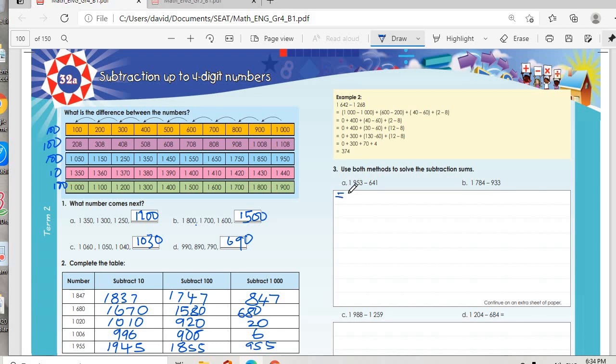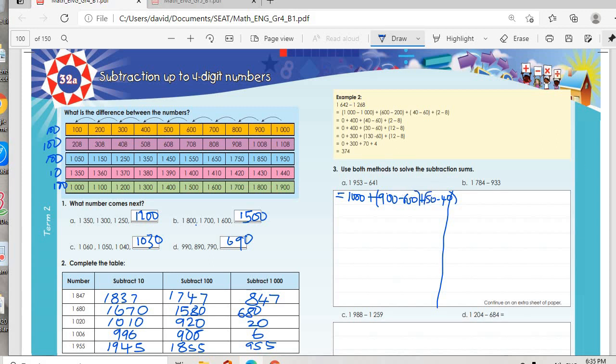So on this one, we are going to say 1,000. Then plus, in fact, let me try to divide here. Then 900 minus 600. Then I put brackets here, plus 50 minus 40.